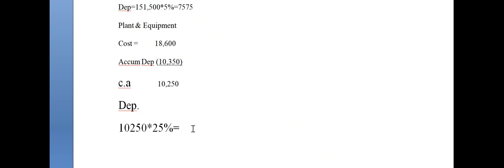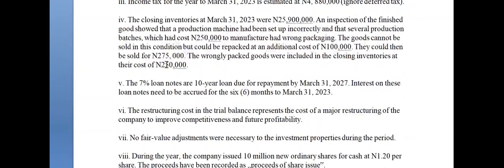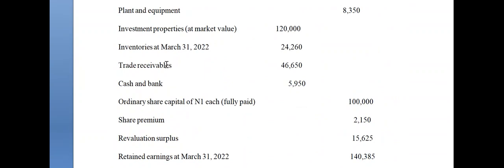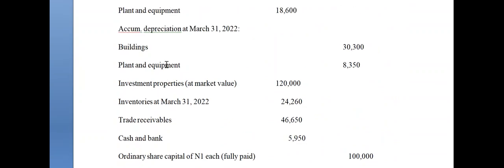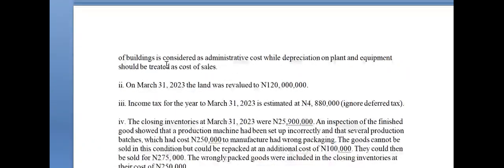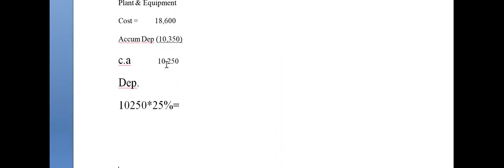It's 10,250, not 8,250. The cost is 18,600 and the accumulated depreciation is 8,350. So where did you get 10,000 now? This one should be 8,350.